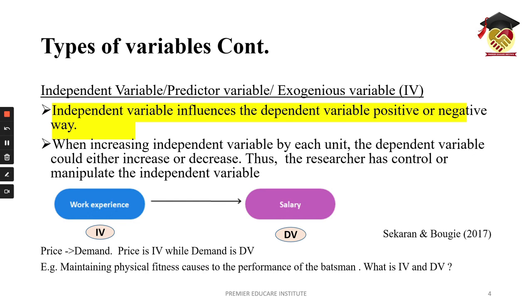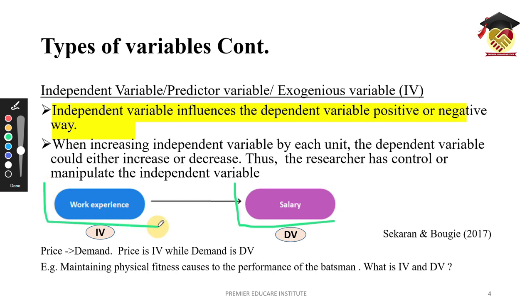Now you can see very clearly. This is your dependent variable and this is your independent variable. Please understand the difference between the dependent variable and the independent variable, and the practical definition, how you define it.